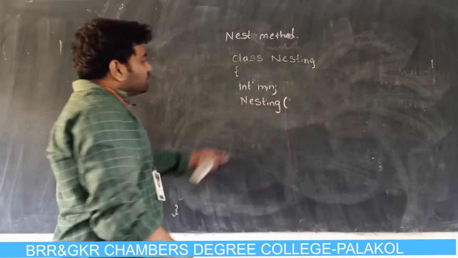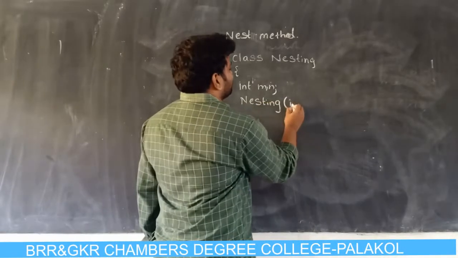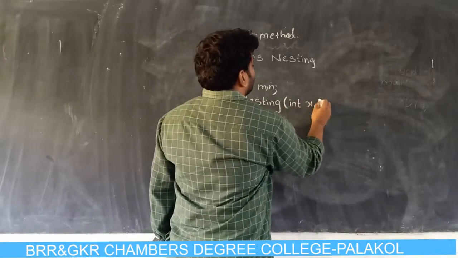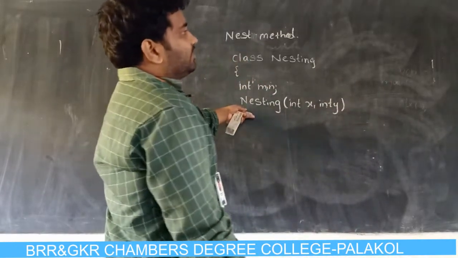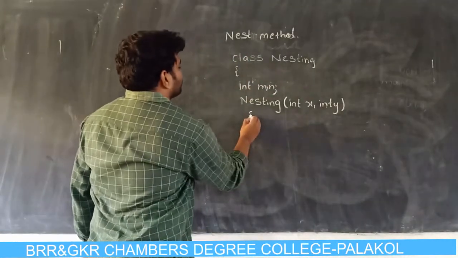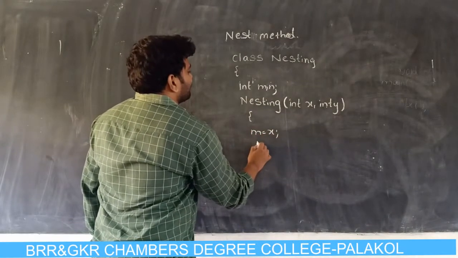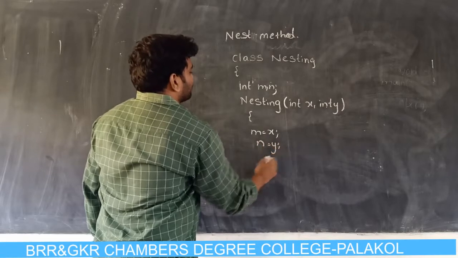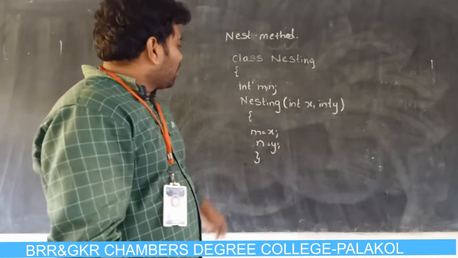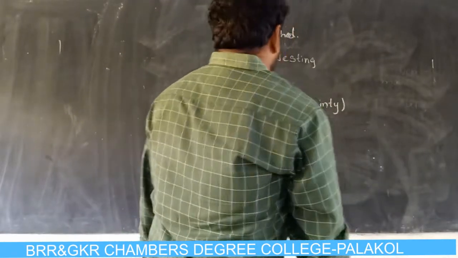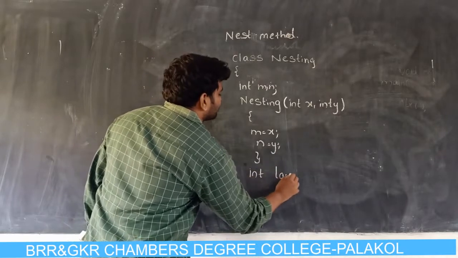Nesting. This is the constructor. You use parameters int x and int y. You write m is equal to x and n is equal to y. After the constructor is created, you declare one method, int large.